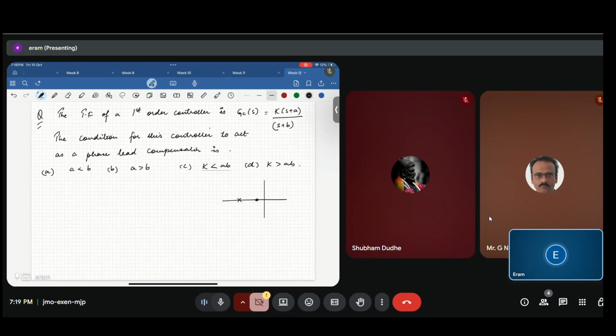So magnitude wise the pole is greater than the zero, and in this transfer function the pole is at minus B. If we talk about magnitude, it is B, and the zero is of magnitude A. Which is correct?